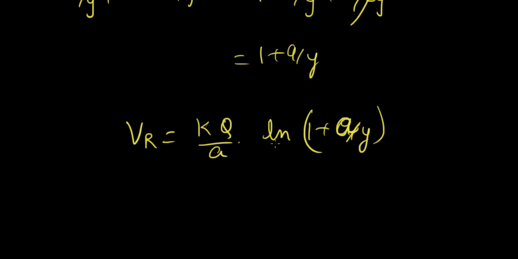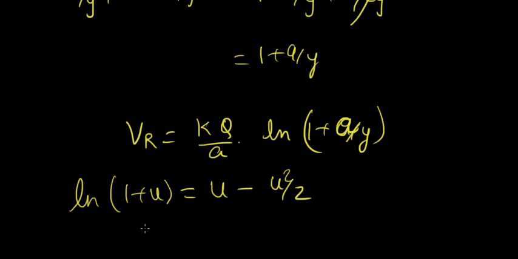Alright, now from part C we expanded this, right? Natural log of 1 plus u, and here it's just 1 plus a over y, which can be written as what? To jog your memory, natural log of 1 plus u equals u minus u squared over 2. So natural log of 1 plus a over y would equal a over y minus a squared over 2y squared.